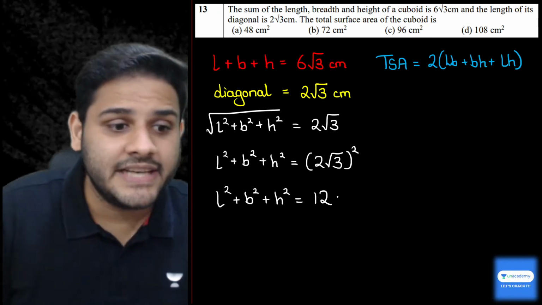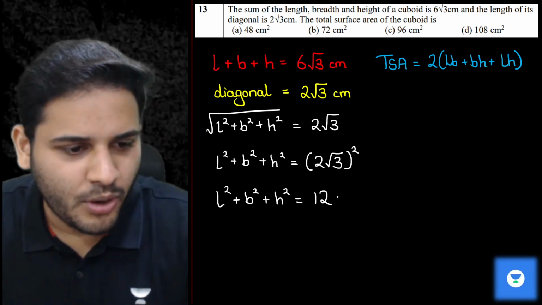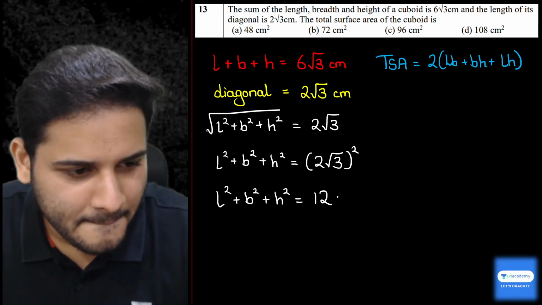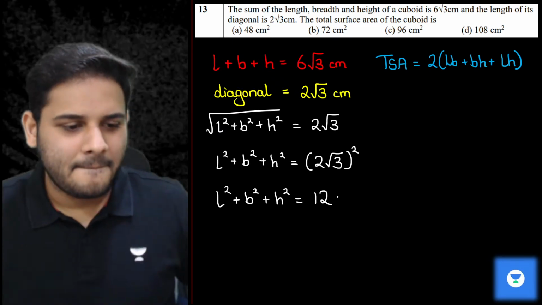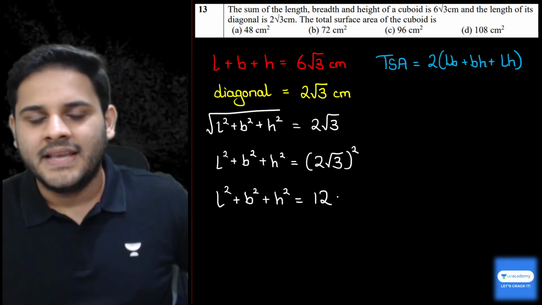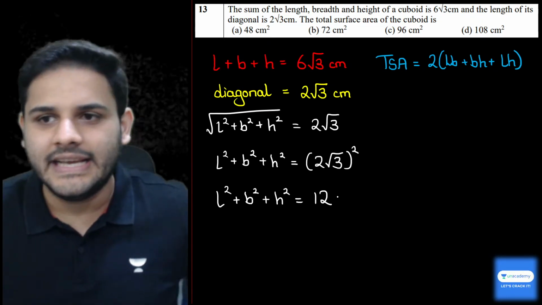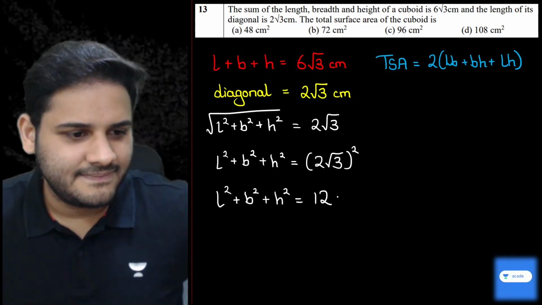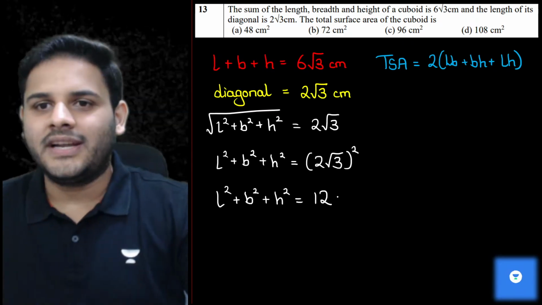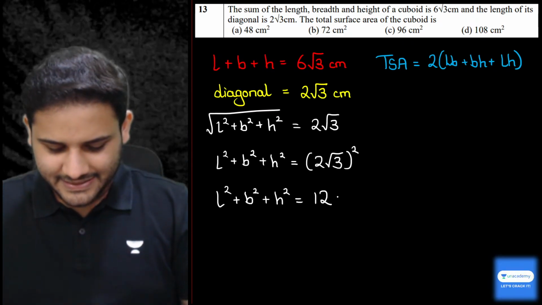Step marking, of course, yes, we'll have to focus on that. But what will be done here, you'll have to tell me. A square plus B square plus C square की identity and what that identity is.